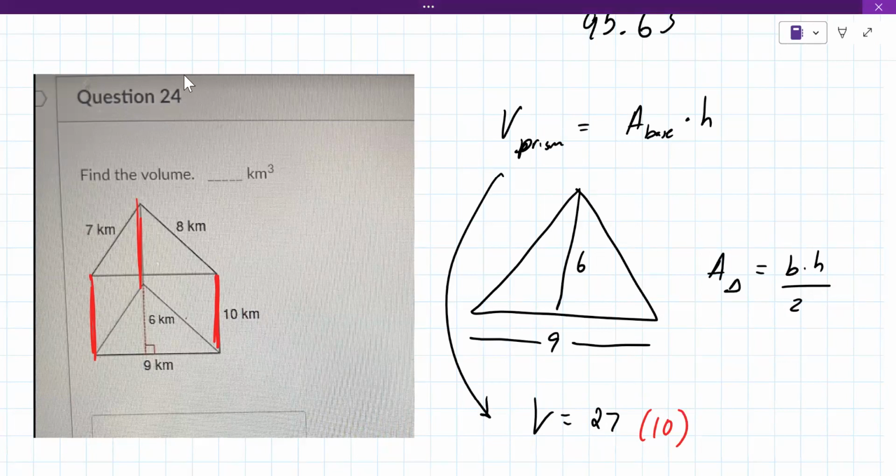Any questions on that? No. All right. So 25, 26, any of those you want to do? I actually only have up to 26, looks like.